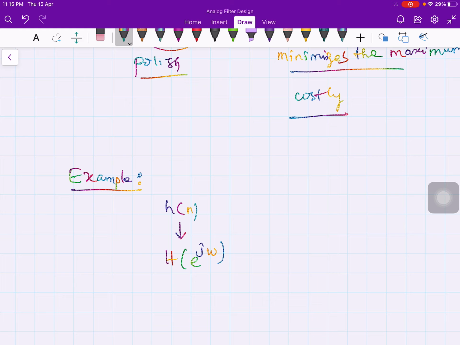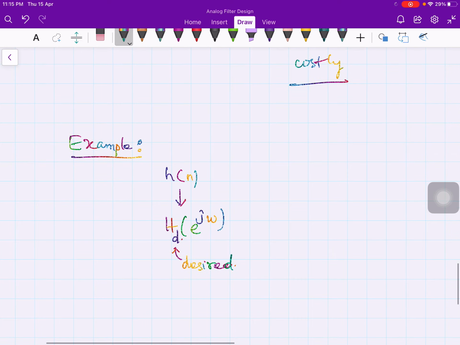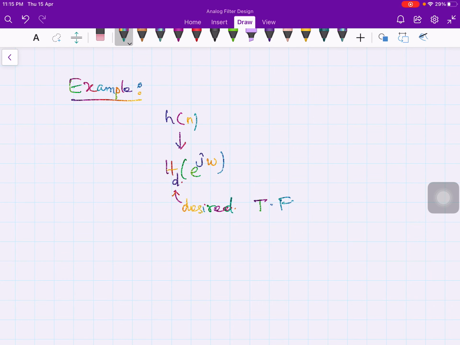Let me put a subscript d here; this d indicates desired, meaning what I wanted. This is the desired transfer function. And you know the transfer function is periodic. Even though h of n is aperiodic, the moment you take the DTFT, recall the properties of this transform, this H of e to the j omega will be periodic with period 2 pi.